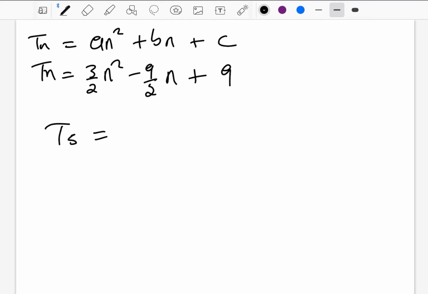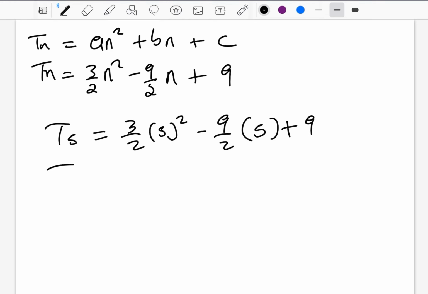So you can say 3 over 2, where there's n, put 5 squared, minus 9 over 2, where there's n, you put 5, plus 9. So T5, you can just punch this in your calculator: 3 over 2 times 5 squared minus 9 over 2 times 5 plus 9 is equal to 24. It is equal to 24, as we expected.